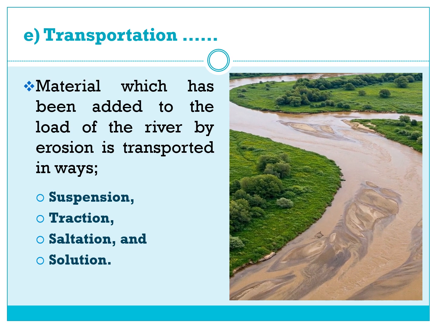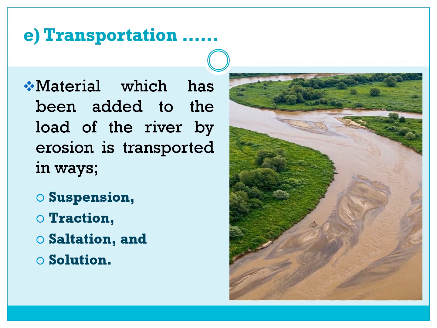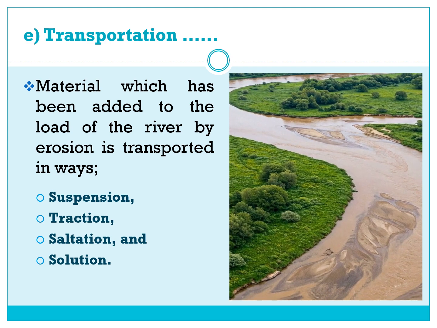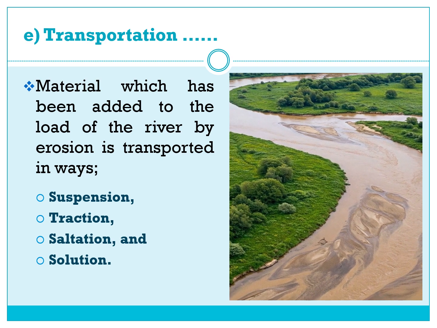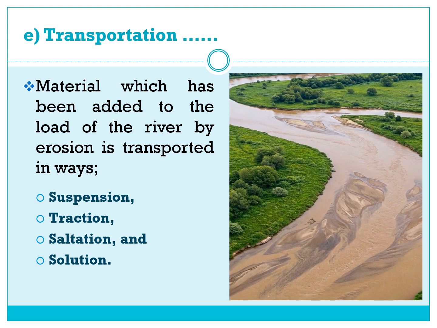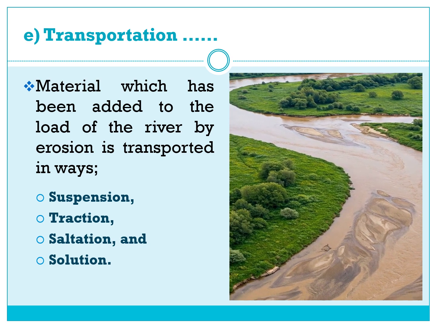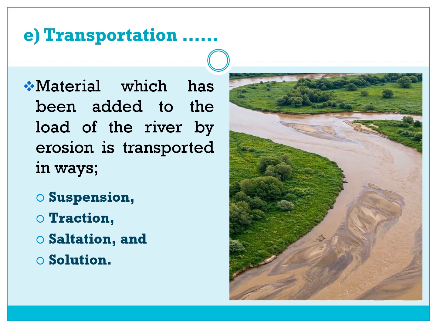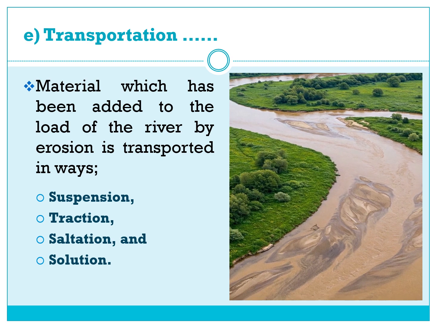Saltation: slightly smaller particles like sand grains are lifted briefly into the flow and then bounce along the riverbed. They are too heavy for continuous suspension but light enough to be lifted and transported in short hops.